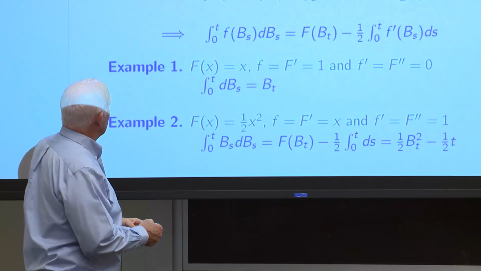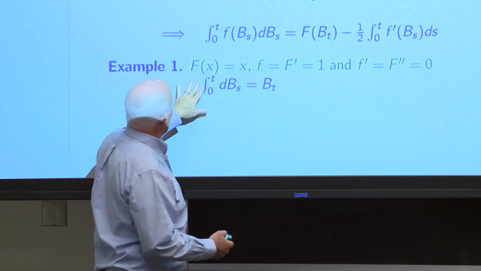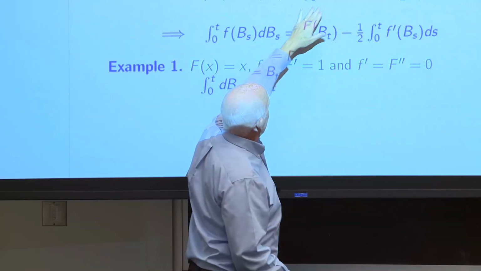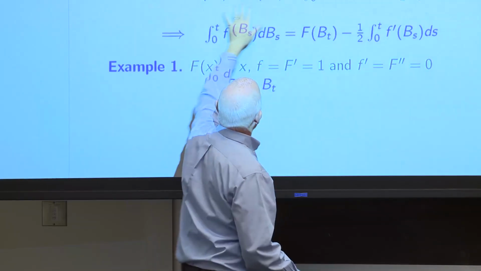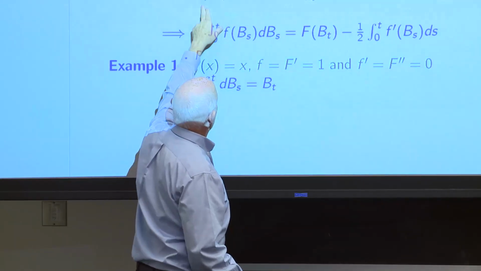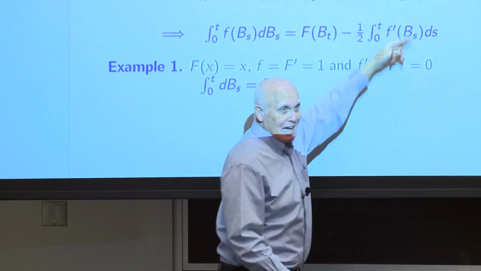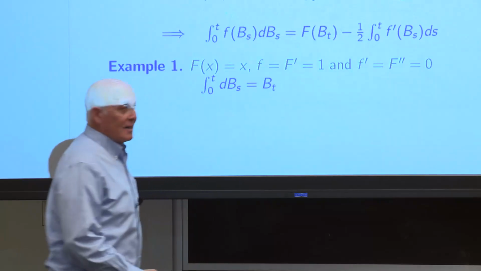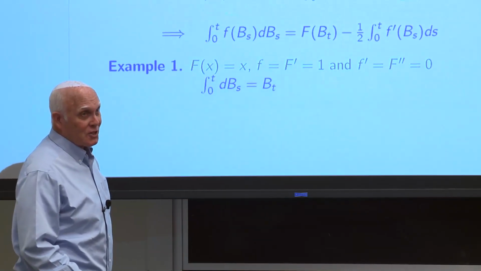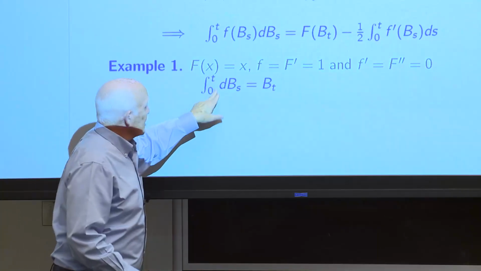So basically, the integral of Bs dBs is equal to capital F of Bt, which is Bt, and then minus a half the second derivative of F, which is 0. So this gives us this result.